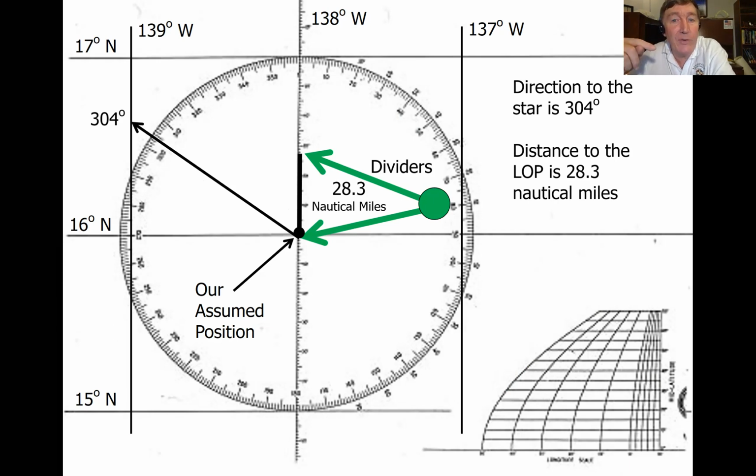Now the question is, how do you know how far 28.3 nautical miles is? The answer is, remember, always use the latitude scale, because 1 degree of latitude will always correspond to 60 nautical miles, no matter where you are on the Earth. For longitude, it only works at the equator, but for latitude, it works anywhere.